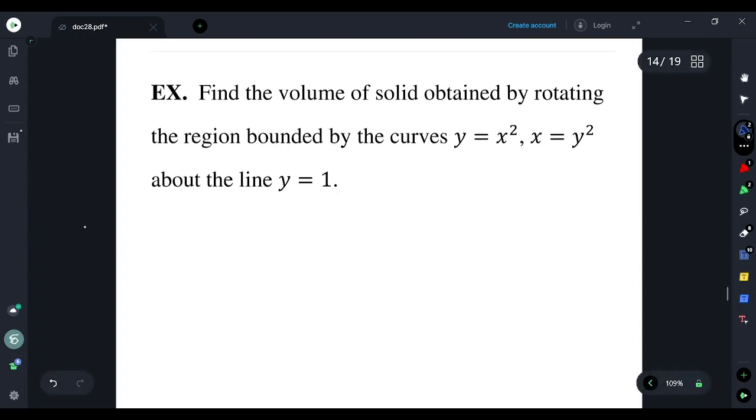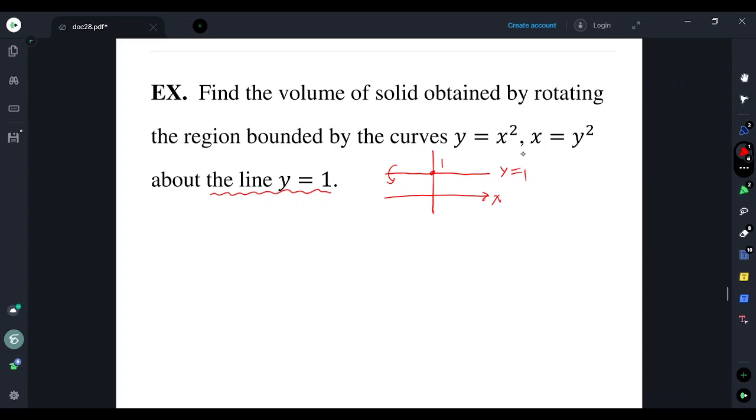So first let me observe that we are no longer rotating about the x-axis, but instead about a line parallel to the x-axis, right? So y equal to 1 is just here. This is y equal to 1. So it intersects at 1. Okay, so we are going to rotate about this line.